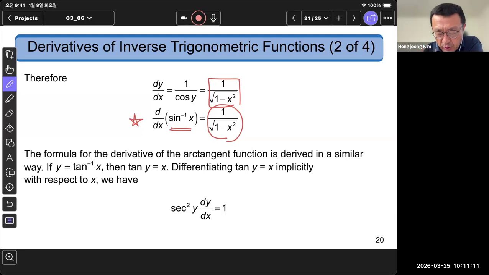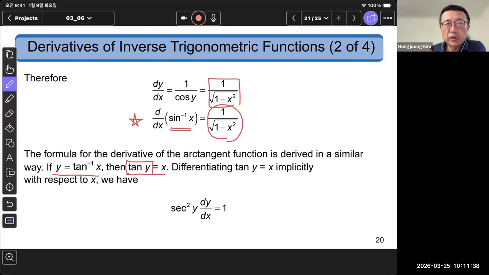Now, in case of the arctangent, which is also quite common in our calculus class, as I said, y equals arctangent x implies that tangent y is x. So if I differentiate both sides with respect to x, then from the tangent y, there is another composite function, right?